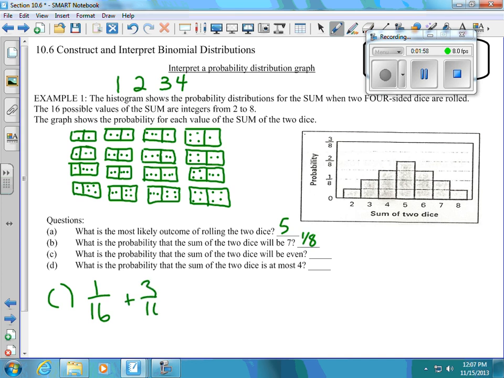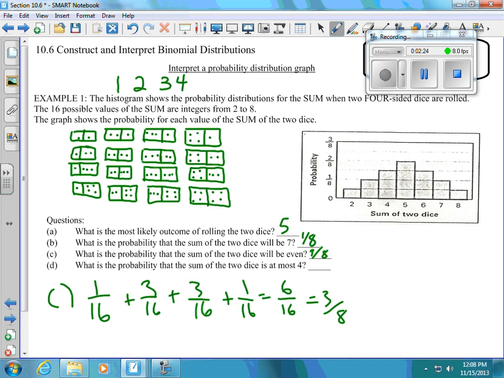You can also count them. There are 3 out of 16 ways to get a 4. 6, there's also 3 out of 16. There's 3 6s up there. And to get an 8, there's only one way to get that.